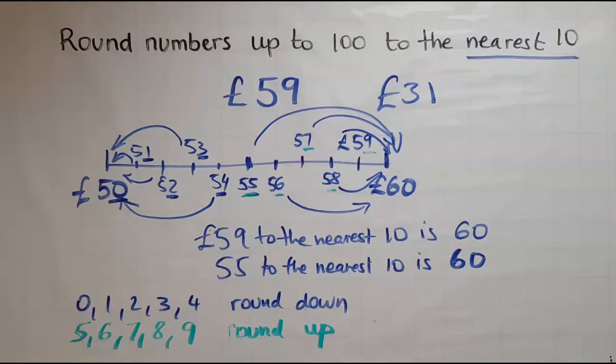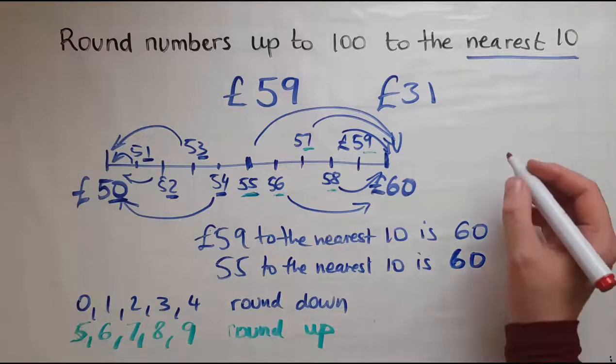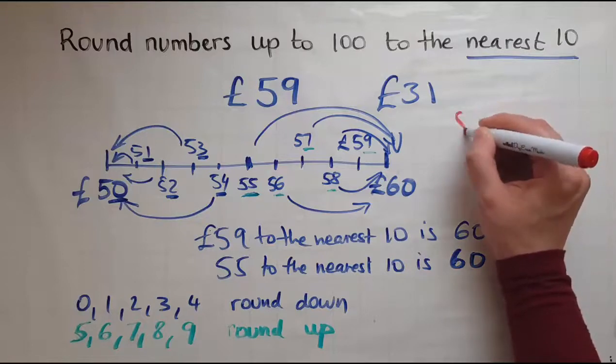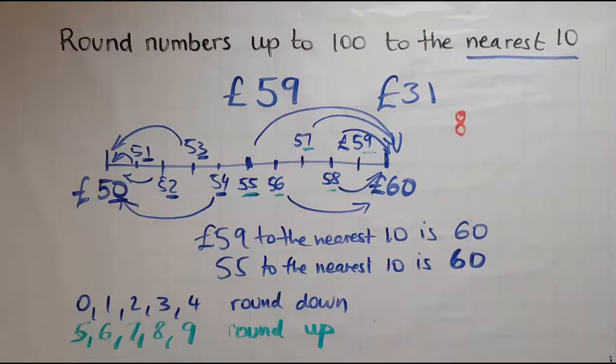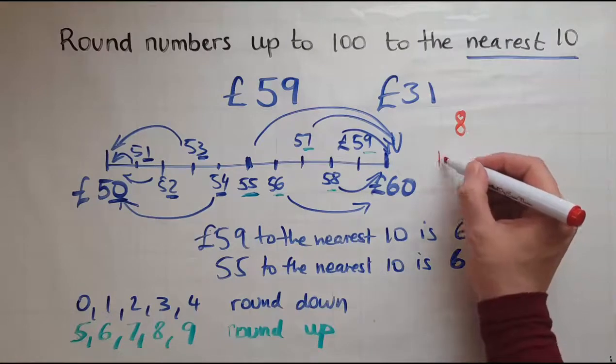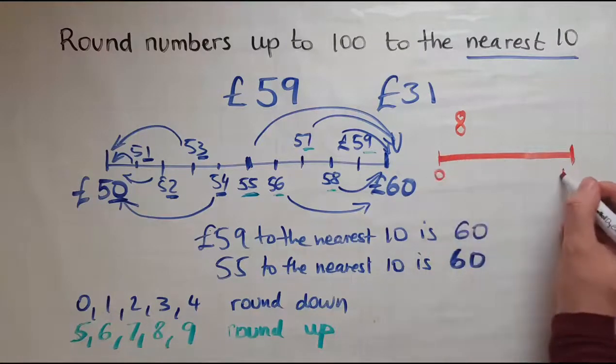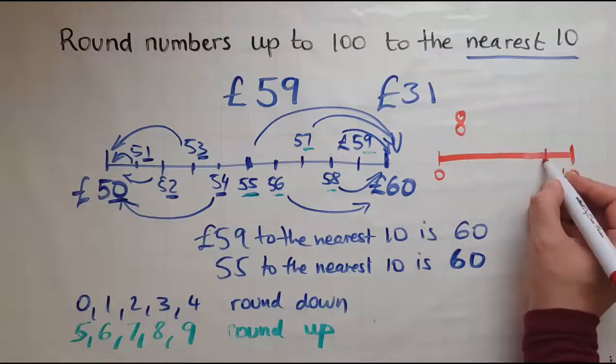So let's have a look at a few more examples. If I had 8 to the nearest 10, 8 is between 0 and 10, like this, 0, 10. So 8 is about here.